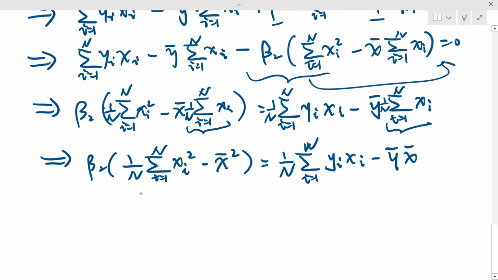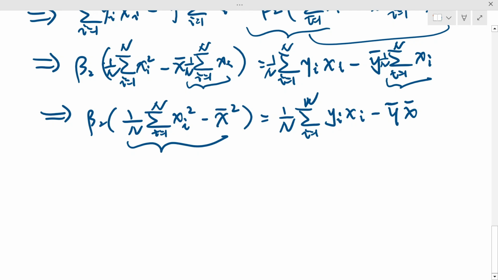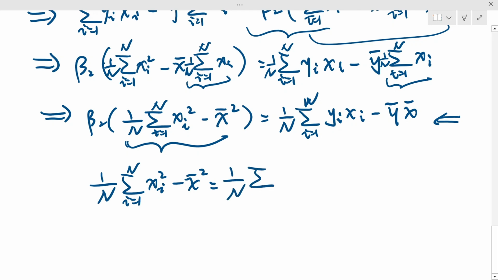Okay, let's look at this term first. Bear in mind we are paused here; we are just looking at this term first. This is equal to the sum of xi times xi minus x bar.